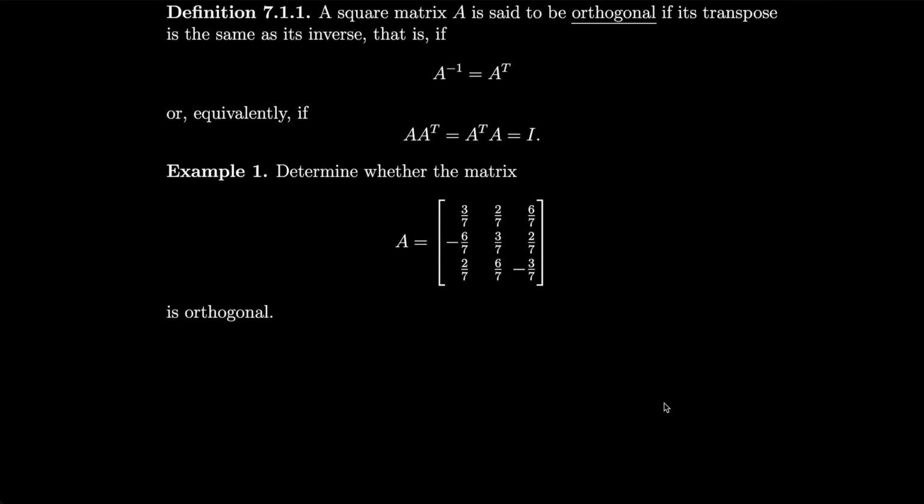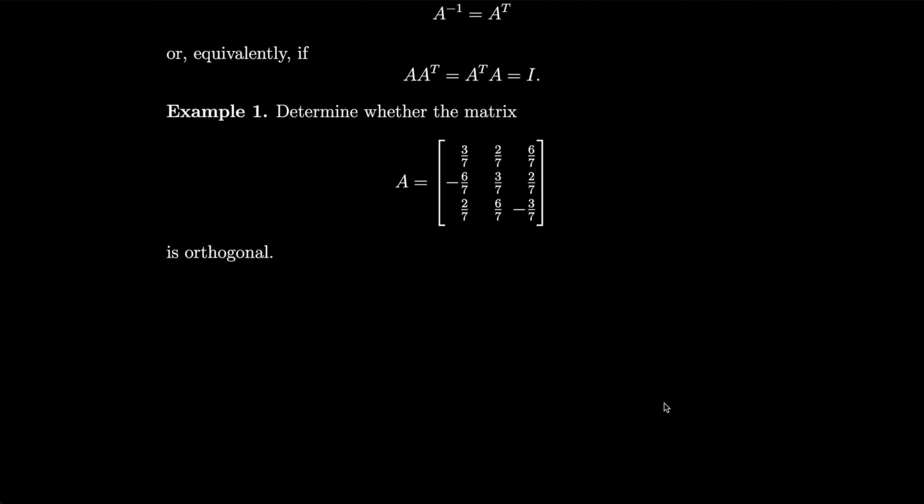So as an example, how about we determine whether the given matrix is orthogonal? So let's compute A transpose A. A transpose would be if we take this entire row and make it the first column.